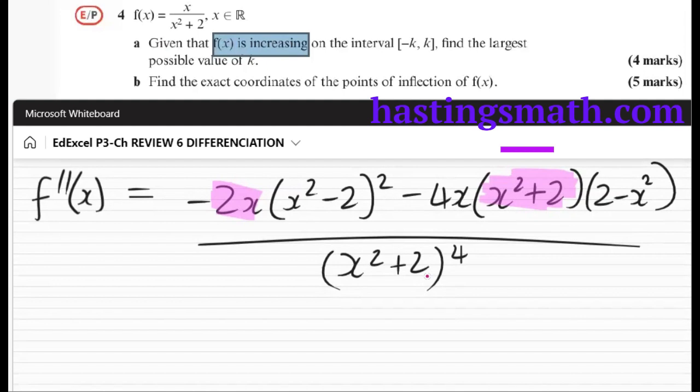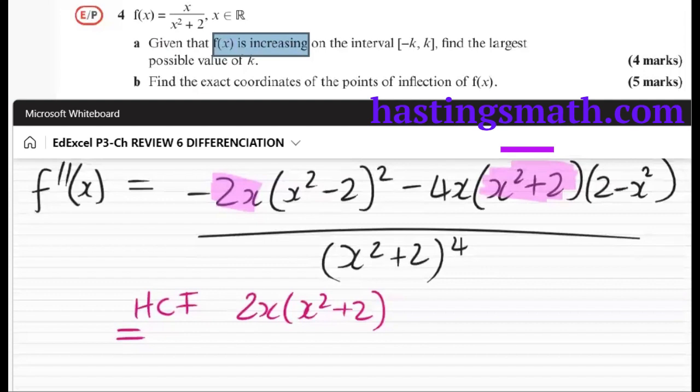Interesting. I'm just going to follow the mark scheme. So if we took out a highest common factor of 2x, x squared plus 2, okay, this is going to be our highest common factor. So certain things will get changed.